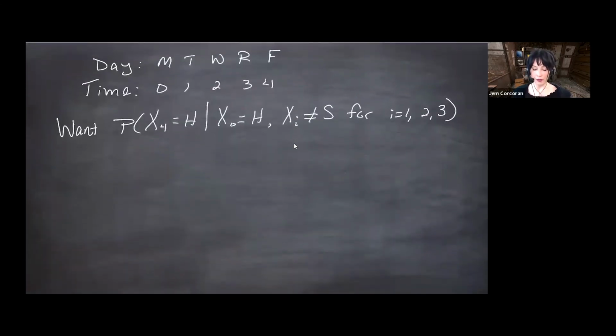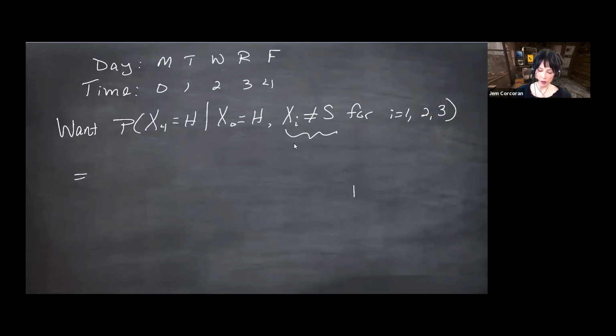So we would kind of like to have this Xi not being sad over here. We can do this kind of like our Q matrix problem.